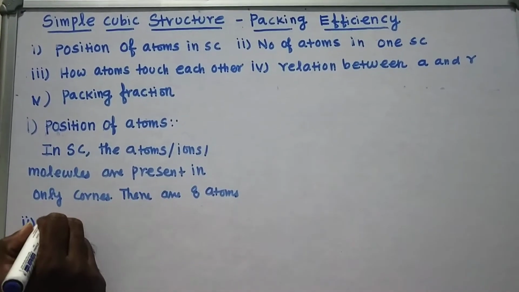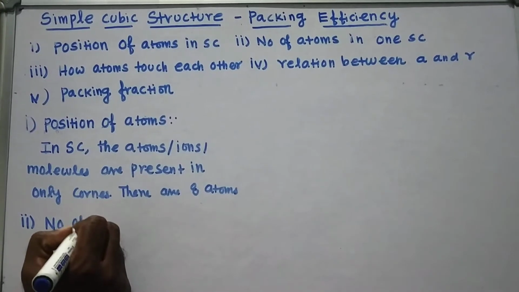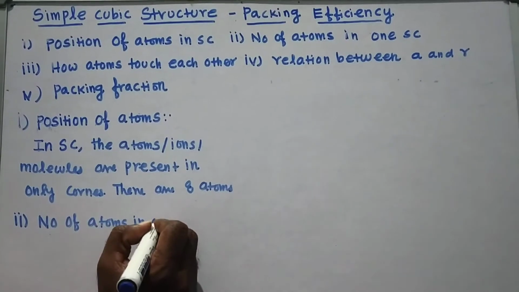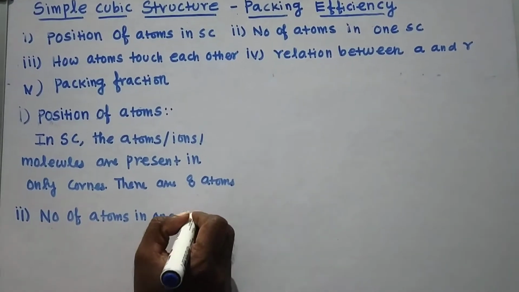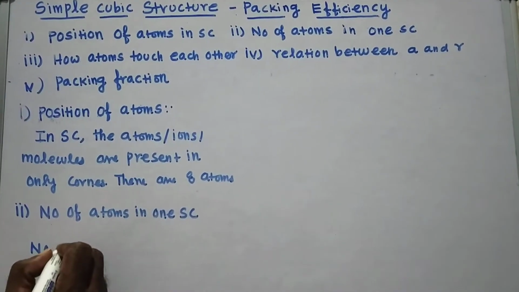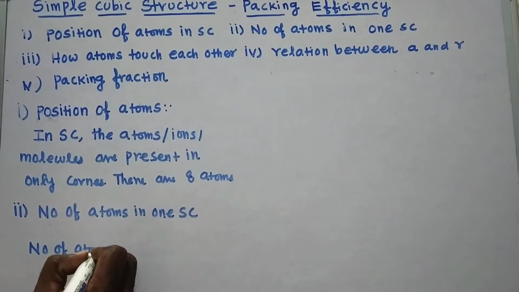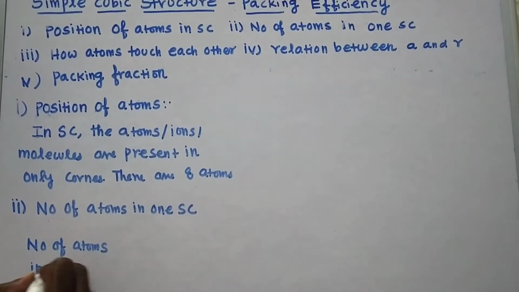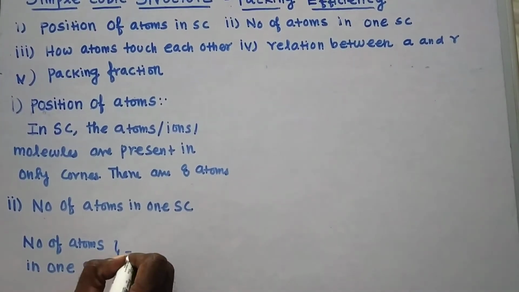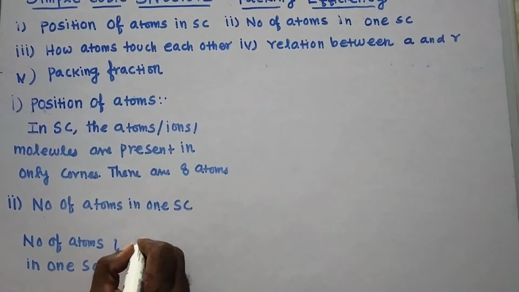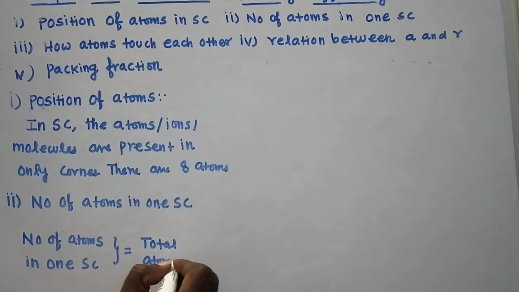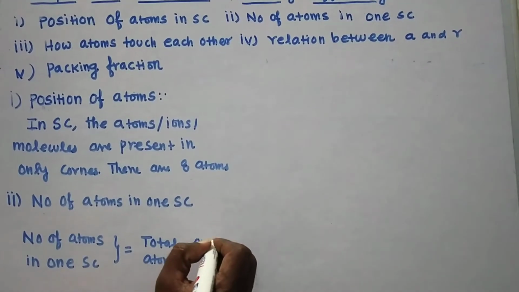Okay. The next one, we are going to find out the number of atoms in one simple cubic structure. Number of atoms in one simple cubic is equal to total atoms into one share.